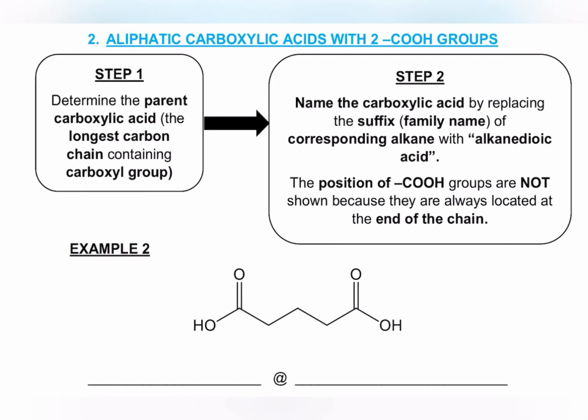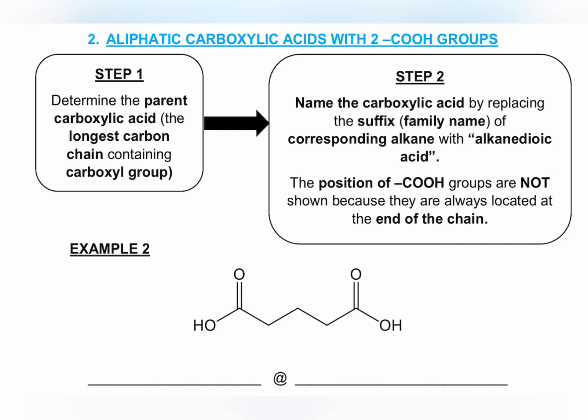Let's go to the second case where you have aliphatic carboxylic acid with 2 carboxyl groups. So first thing first, the same step 1, you have to determine the parent carboxylic acid. But in this case, the longest carbon chain must contain carboxyl group with 2 of them.